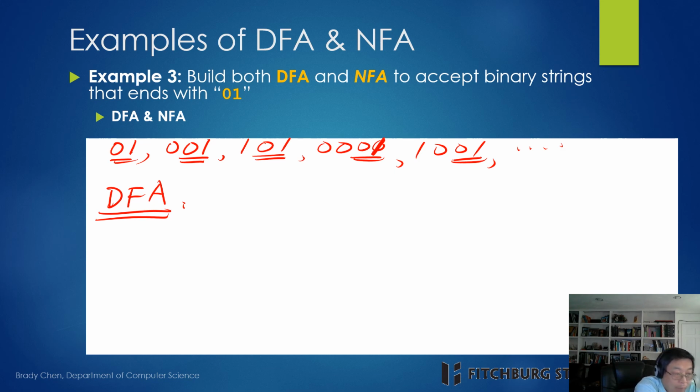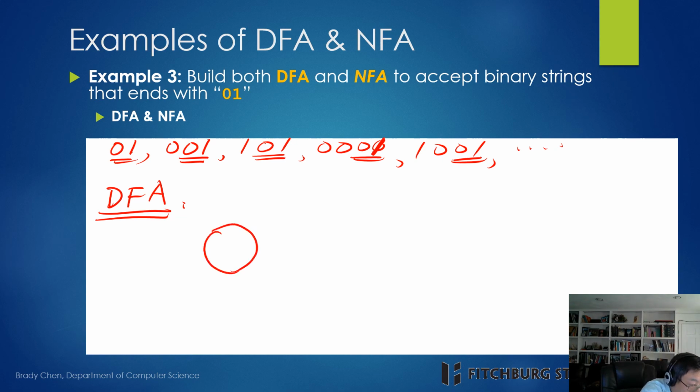For the deterministic finite automata, we know that for the transition function, if the current state is A, then we need to define the unique next state for every input value. So with the current state, we have to define the function that defines the next state for every input value.